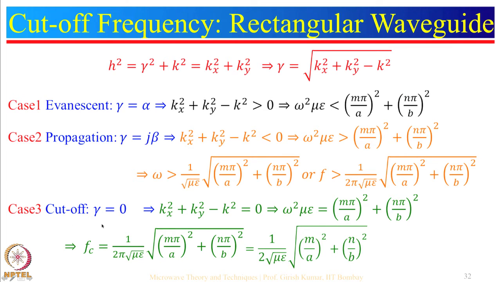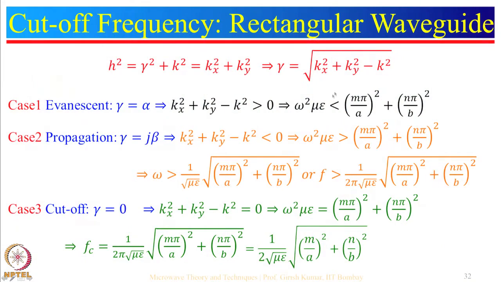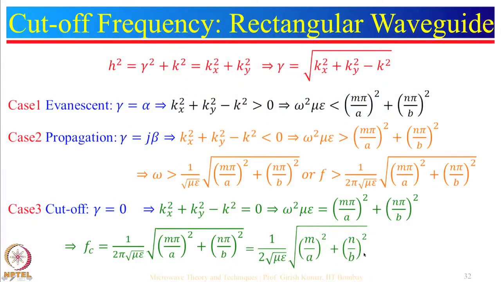The third case is when gamma is equal to 0, that means alpha is equal to 0, beta is also equal to 0. So there is neither attenuation nor propagation of the wave. So from here, make this quantity 0, then we will get fc equal to this, which we can simplify as 1 upon 2 root mu epsilon under root m by a whole square plus n by b whole square, or we can write it as v divided by 2 under root m by a whole square plus n by b whole square.